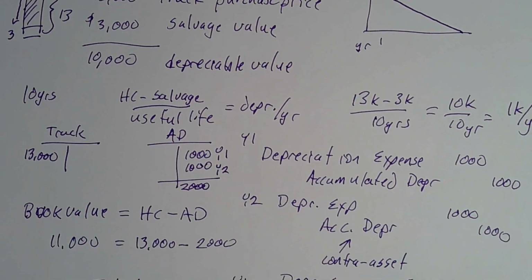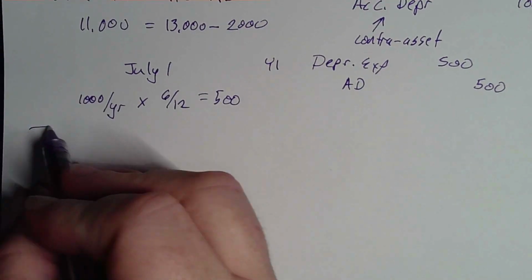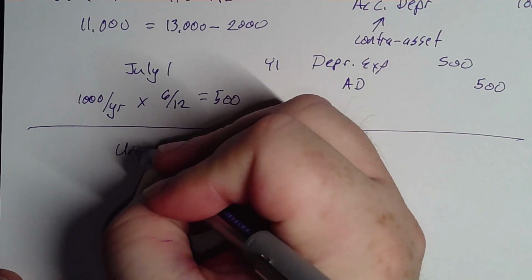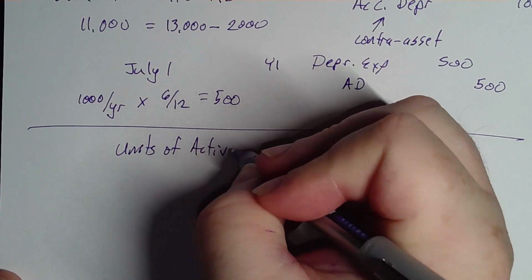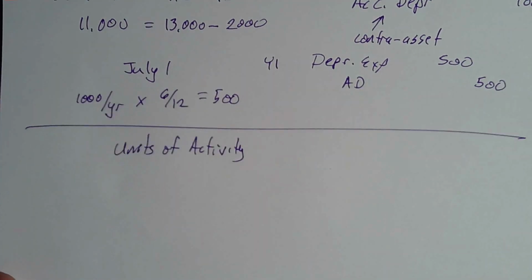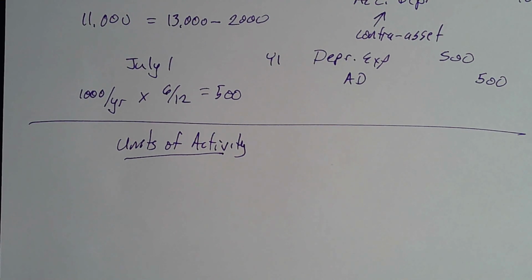Let's go ahead and do an example of units of activity. This is the one where we said perhaps it's not continuous usage, or it's intermittent usage, or it's unequal usage. So let's take an example of a machine that is used sometimes, it's not used for every product line.